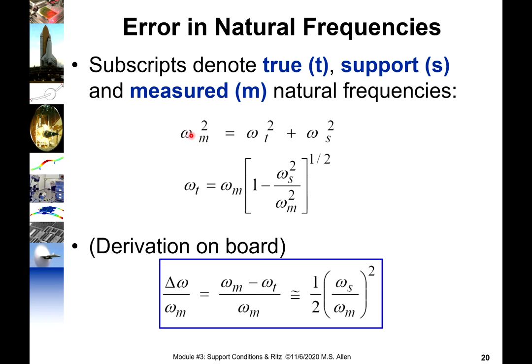The natural frequency that you measure is the square root of the true natural frequency squared plus the support structure natural frequency squared. So we can easily remember this and do calculations if we want to. If you actually solve for the true natural frequency, you can write this equation where this becomes the error term.